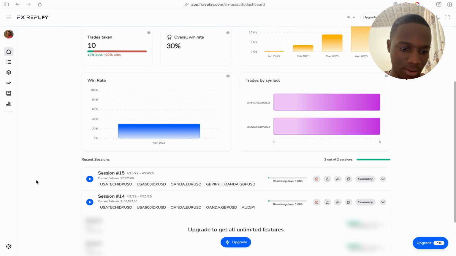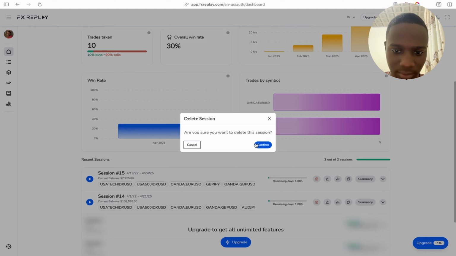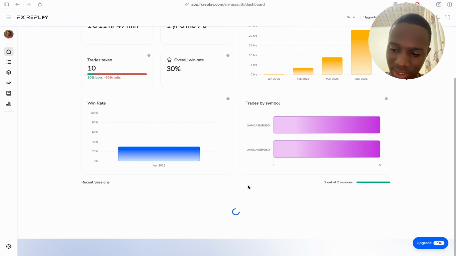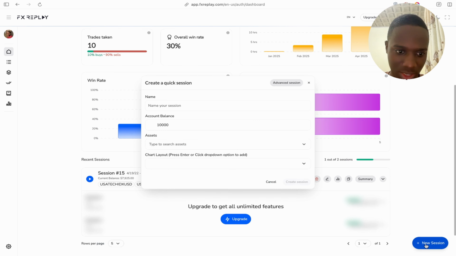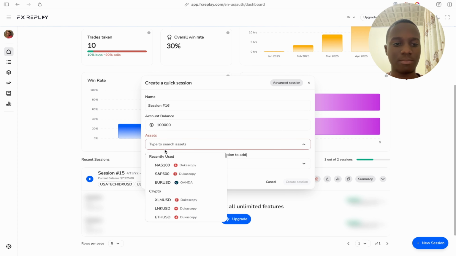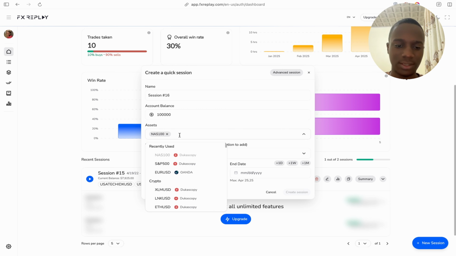Let's go. Right, so session 14 had already ended, so I think we'll have to delete it. Then we'll create a new one, session 16. Session 15 hasn't been fully exhausted, but let's first see how the markets used to behave in Trump's first mandate.